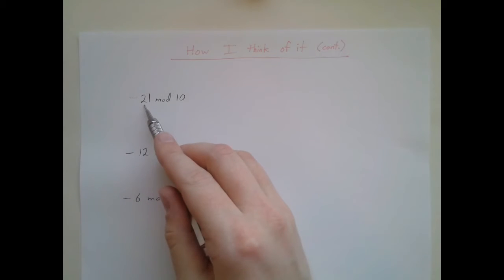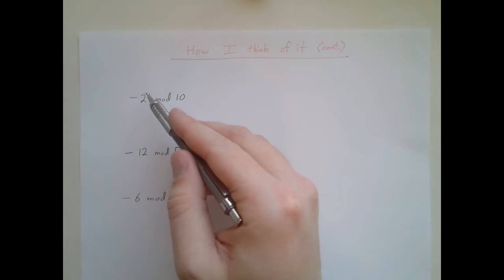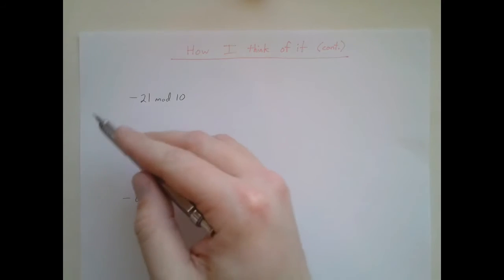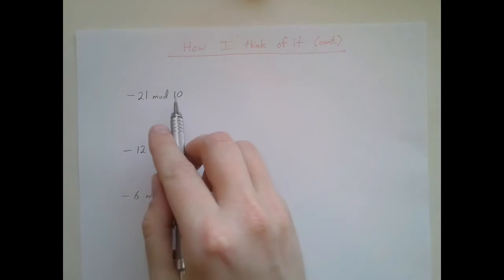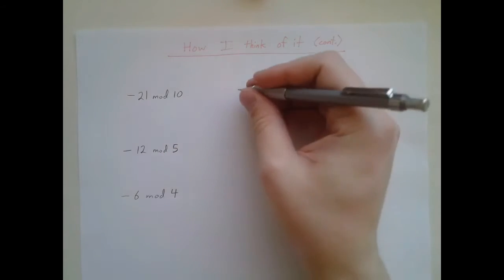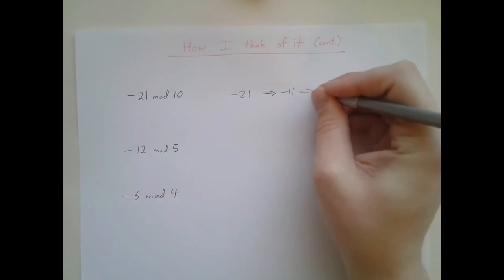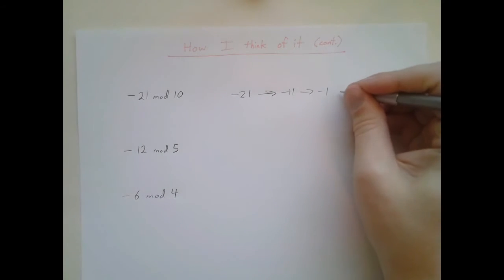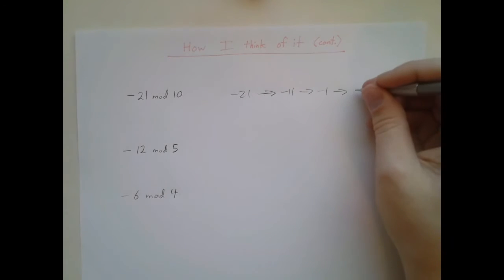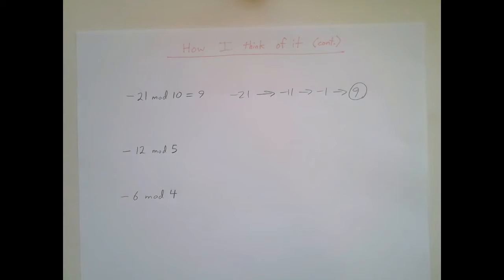So negative 21 mod 10, since it's starting in the negatives, instead of subtracting 10, you want to add 10 until you get a number that is 0 or larger. So if you start with negative 21, add 10, that's negative 11, add 10 again, that's negative 1, add 10 again, and you will get 9. So this would equal 9.